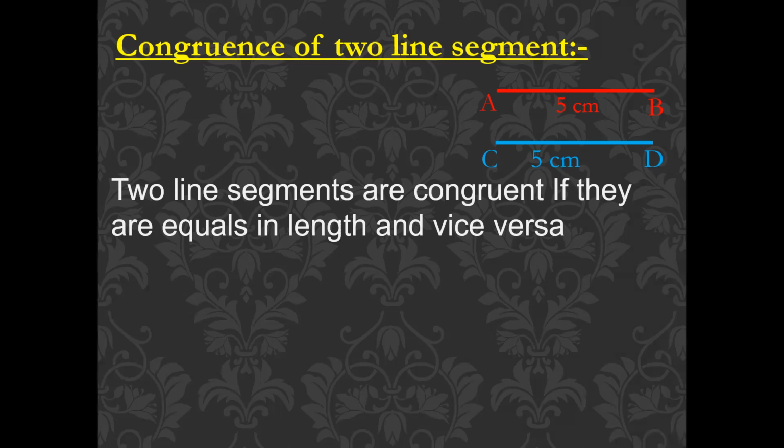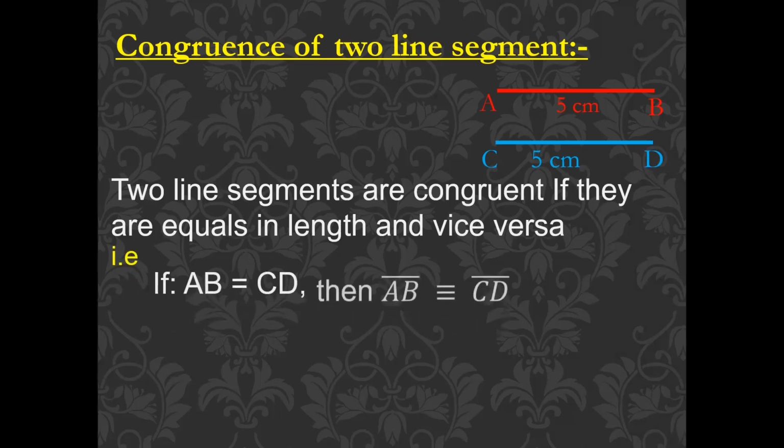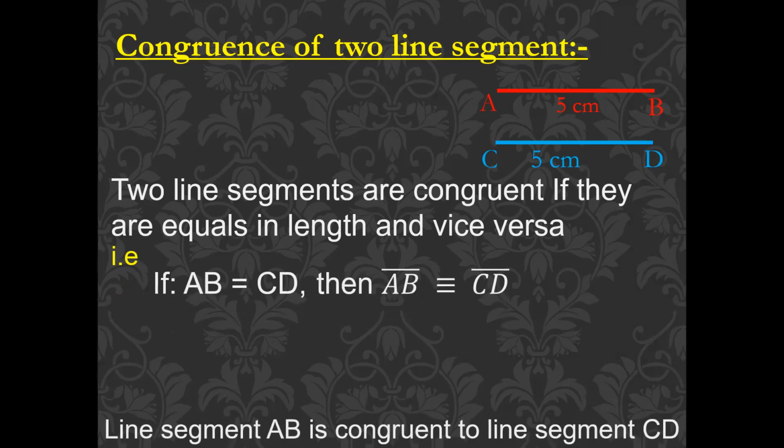They have equal length, so the two line segments are congruent. And vice versa: if AB equals CD, or the length of AB equals the length of CD, then line segment AB is congruent to line segment CD.